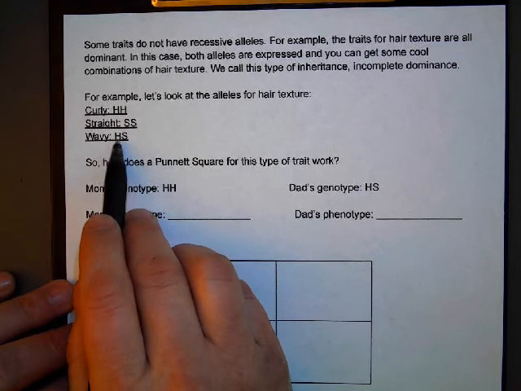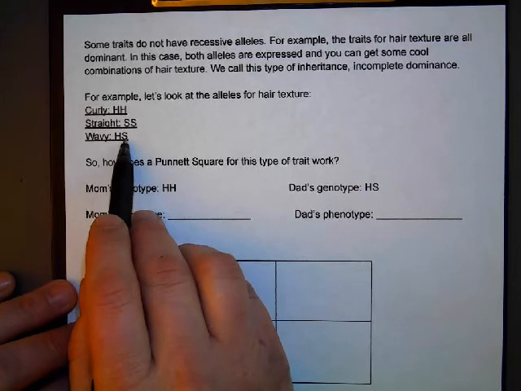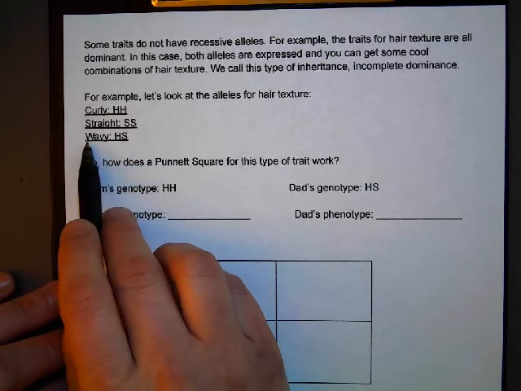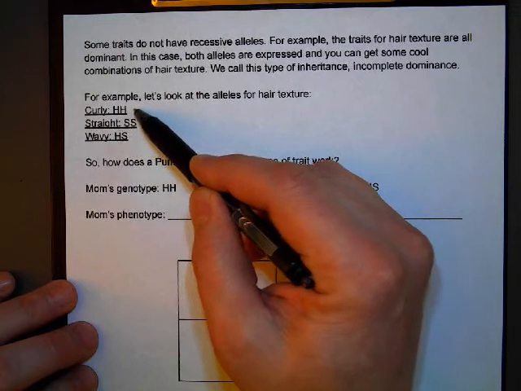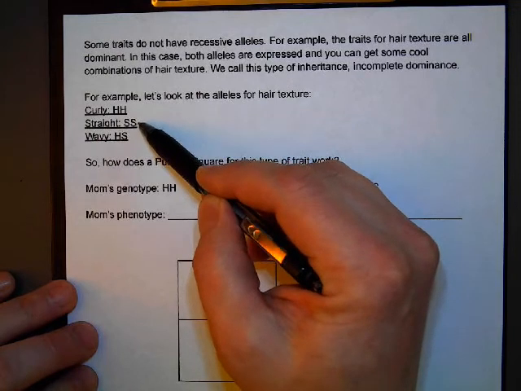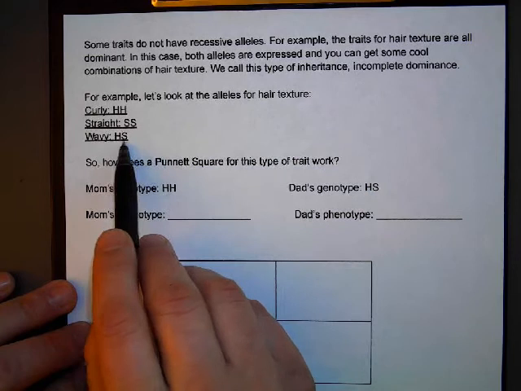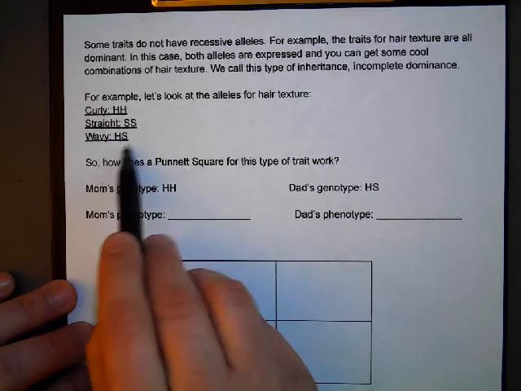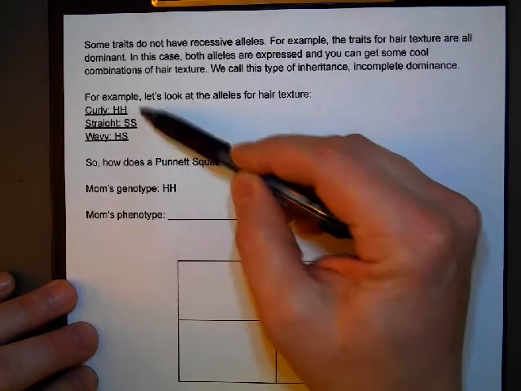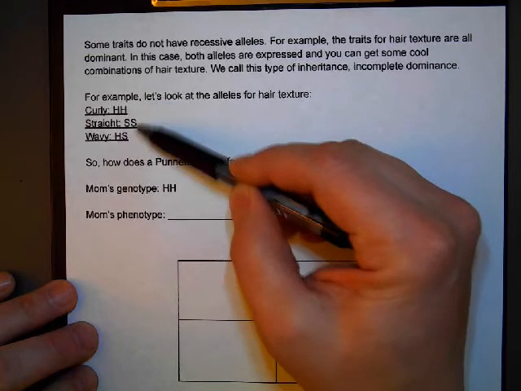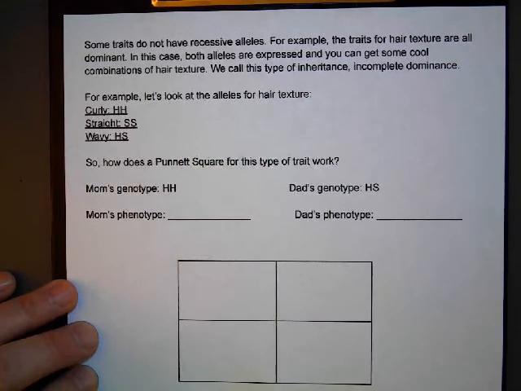However, when somebody has a capital H and a capital S, they end up with wavy hair, which is kind of a mixture, if you think about it, between curly and straight hair. And so both of the alleles are expressed, and you get something called incomplete dominance, where you get something kind of halfway in between curly and straight, in this case, wavy hair.